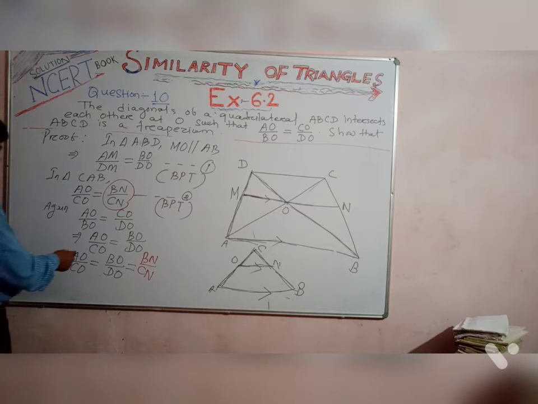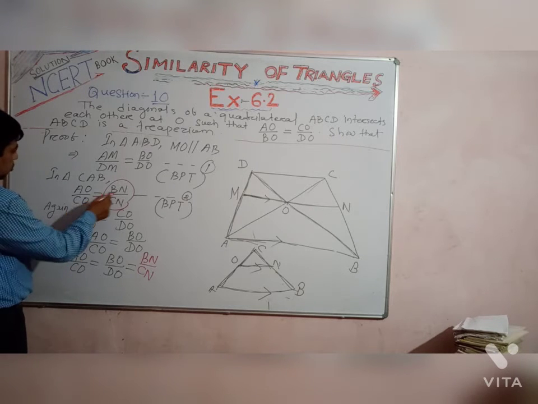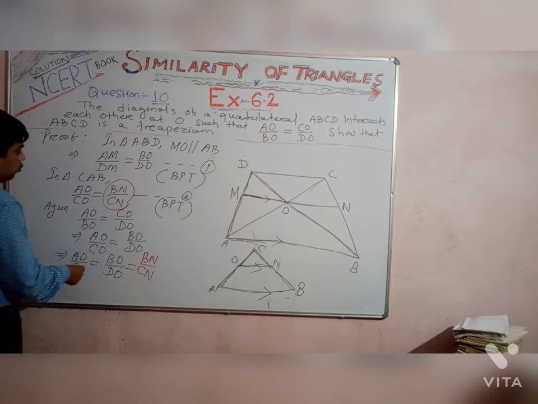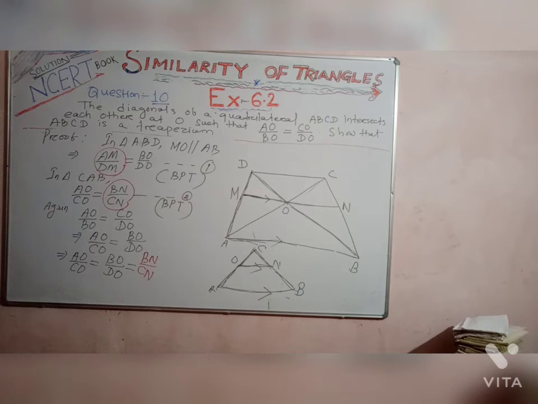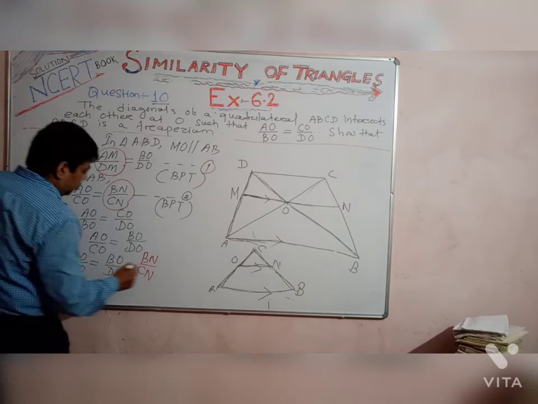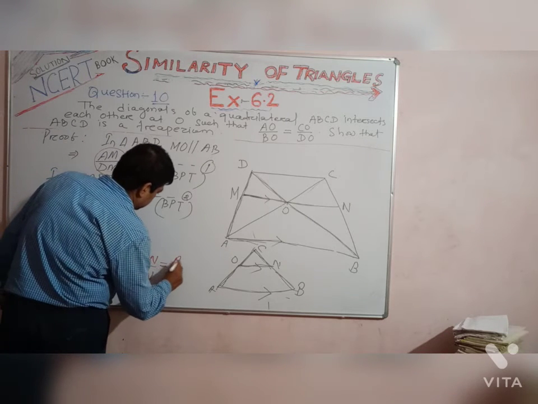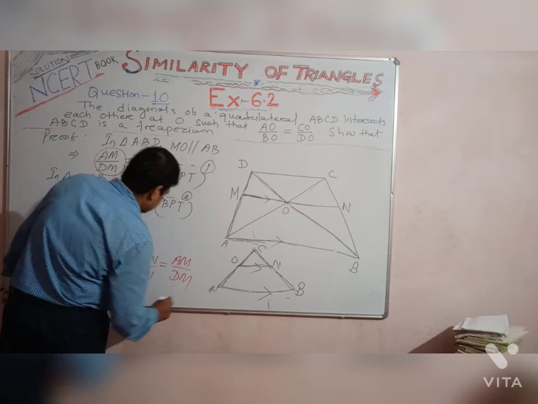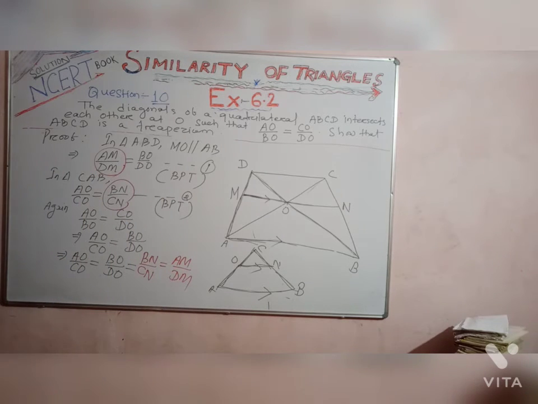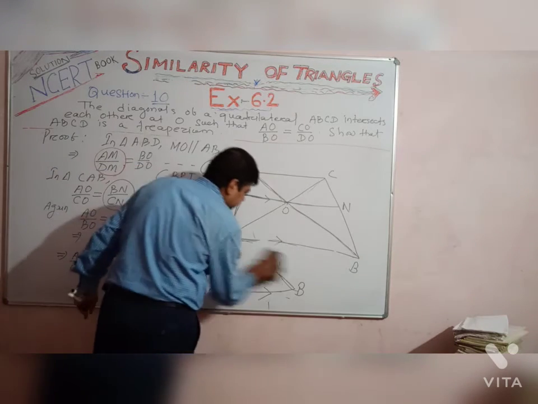Look at it once again. AO by CO is equal to BO upon DO, and BO by DO is equal to how much? AM upon DM from equation 1. Yes or no? You can write AM upon DM. Clear? Right? Understand?